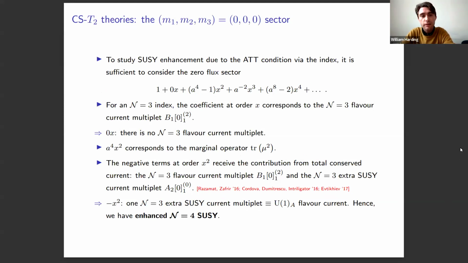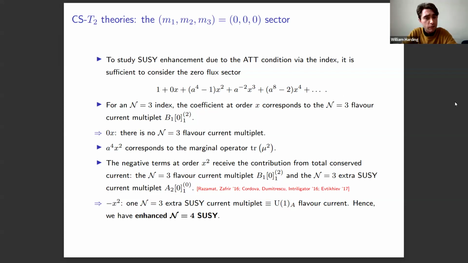So to study SUSY enhancement due to the ATT condition via the index, actually, it is sufficient to consider only the zero flux sector. And the corresponding contribution to the index is the following. Now, for an N equal to 3 index, the coefficient at order x corresponds to the N equal to 3 flavour current multiplet. And since in this case, the coefficient at order x is 0, this means that there is no N equal to 3 flavour current multiplet in our case.